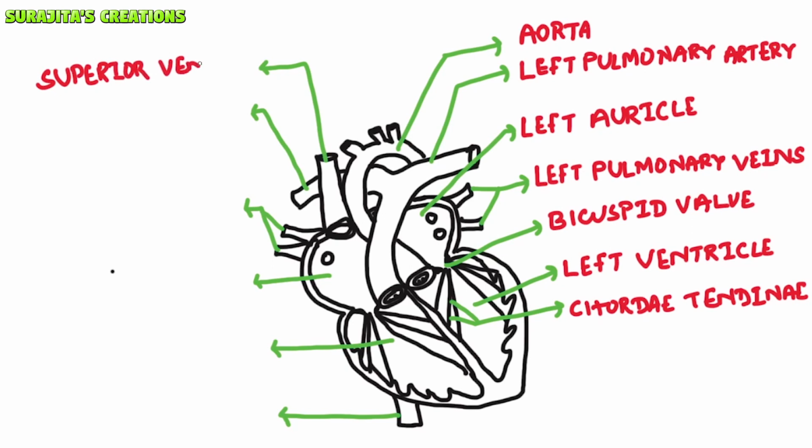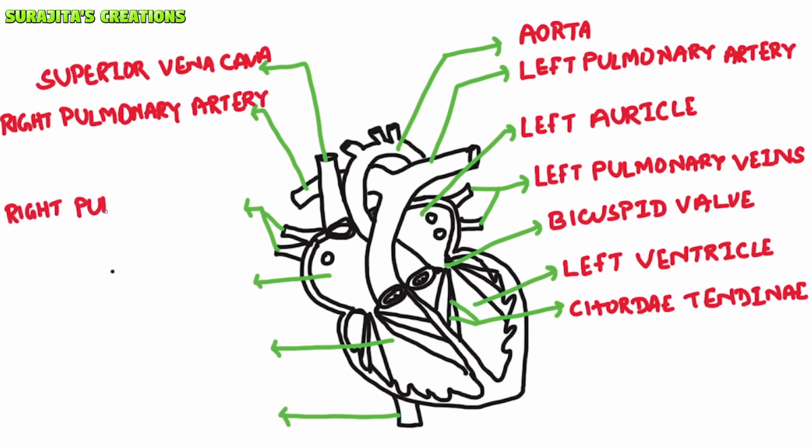This is the superior vena cava. This is the right pulmonary artery. Label it as right pulmonary veins. This is the right auricle.